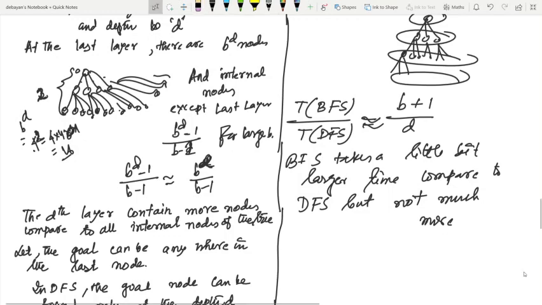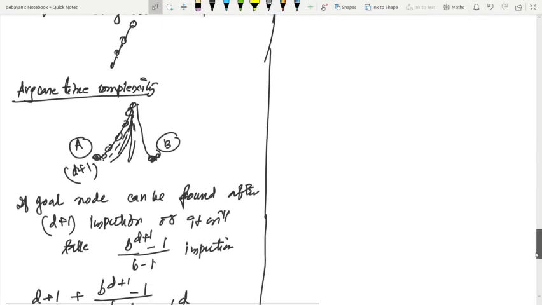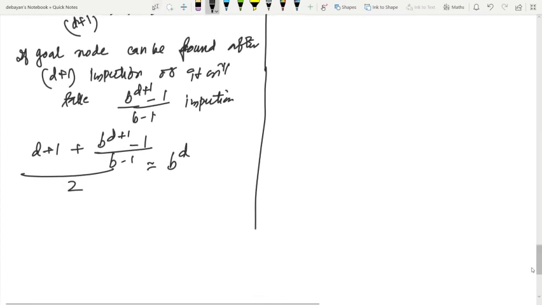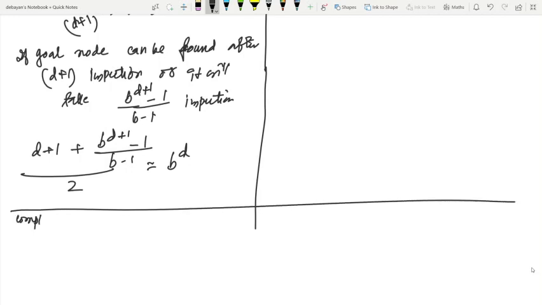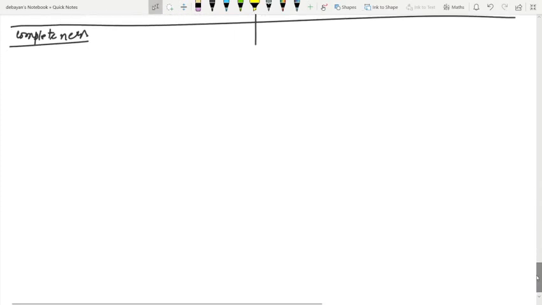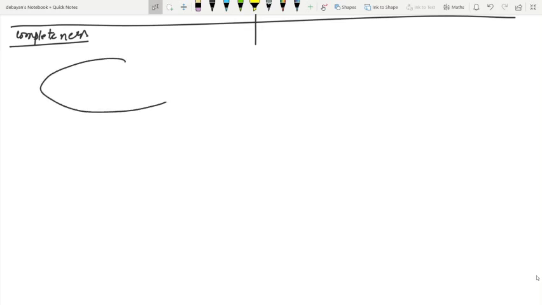Now the second parameter that we consider is completeness. We already know that if the search space is infinite, it may be possible that DFS will not find the solution, so it is not complete. If this is the search space, this is the source node, and this is the goal node, DFS will explore the nodes like that.